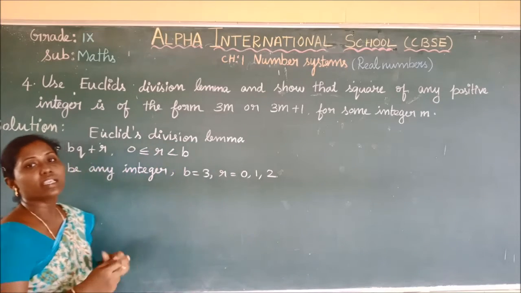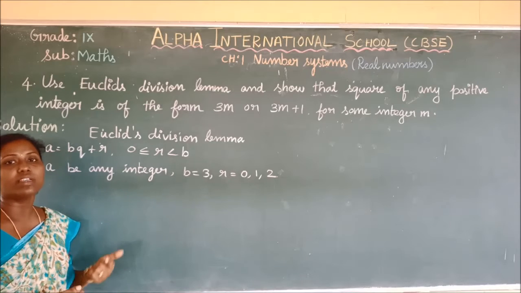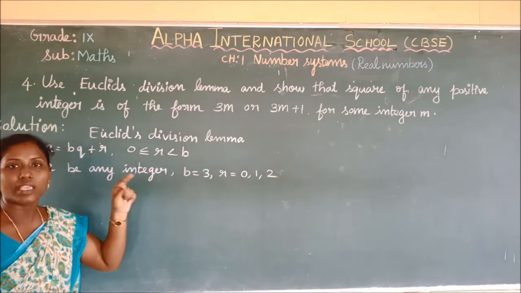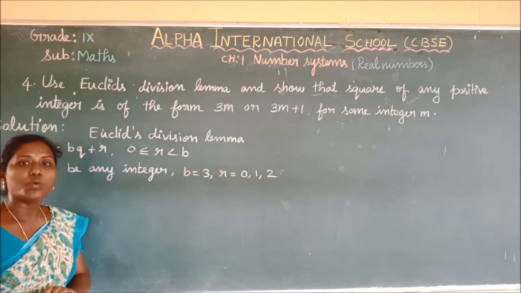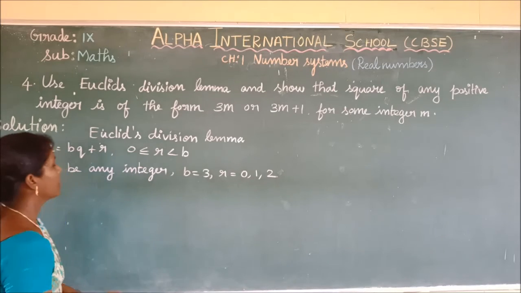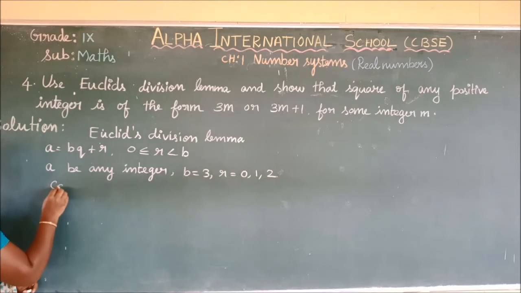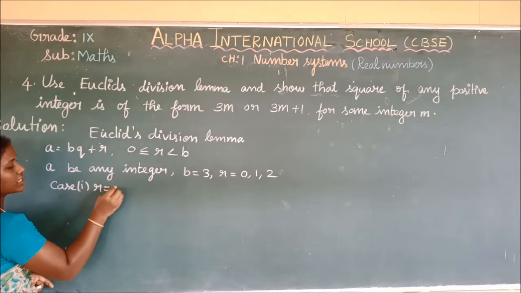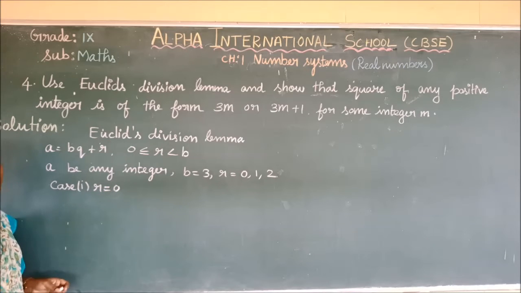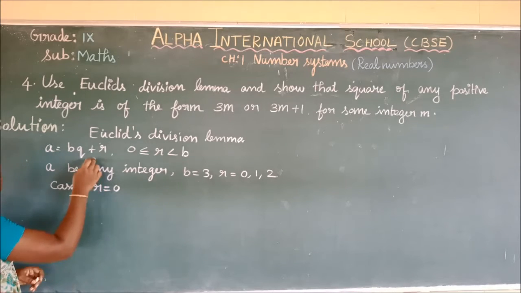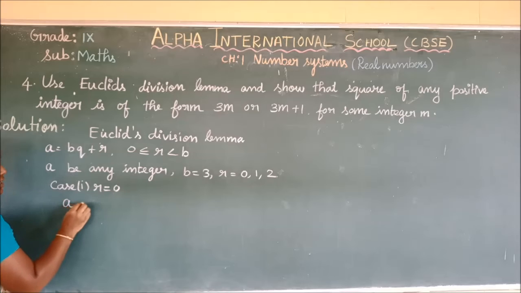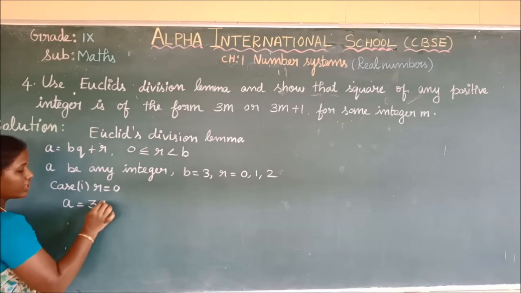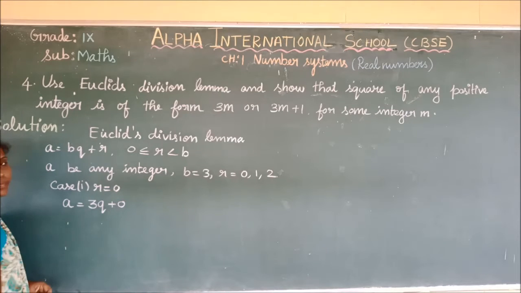But in the question they are asking that the square of any positive integer can be written in the form of 3m or 3m plus 1. So how to show that? Listen. Case 1: the remainder is equal to 0. So how to write this equation? a is equal to bq plus r, so in the place of b, 3q plus 0.